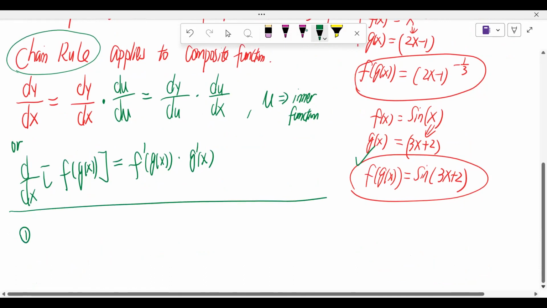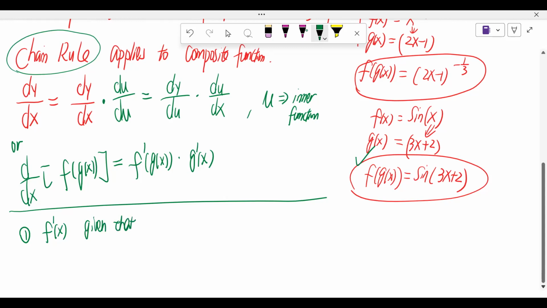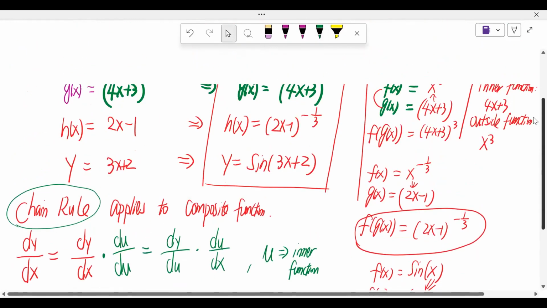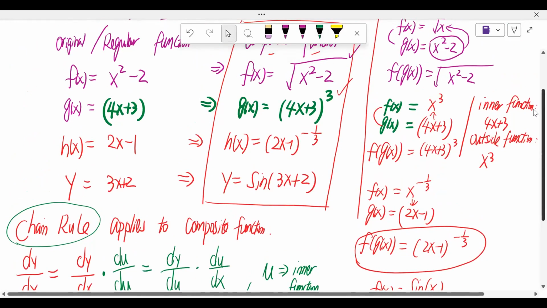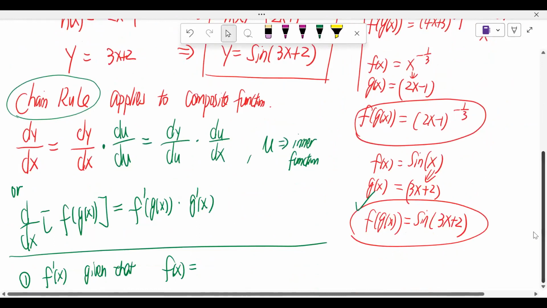So question one, remember: find f prime of x, given that f of x equals the square root of x squared minus 2.